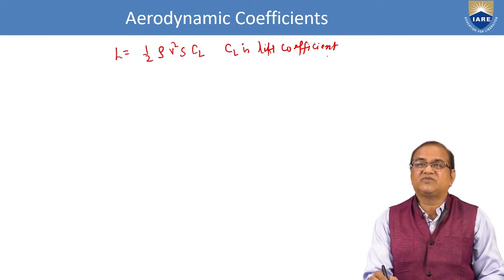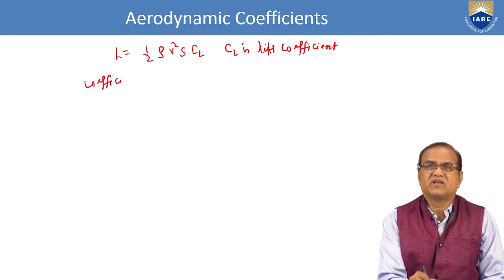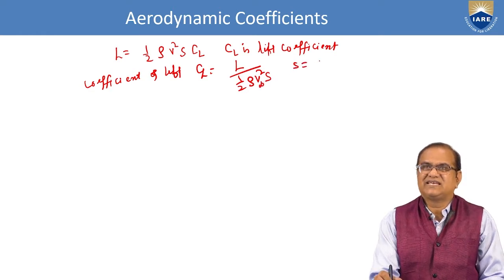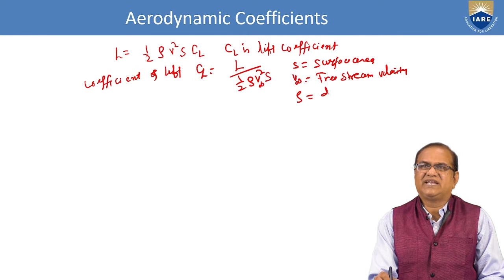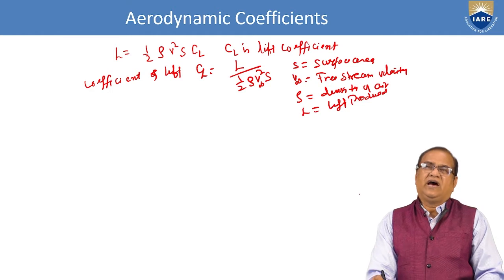So if you want the coefficient of lift, CL is equal to lift divided by half rho V square S, where S is the surface area, V infinity is the free stream velocity, rho is the density of air, and L is the lift produced. Okay, so this is the coefficient of lift.